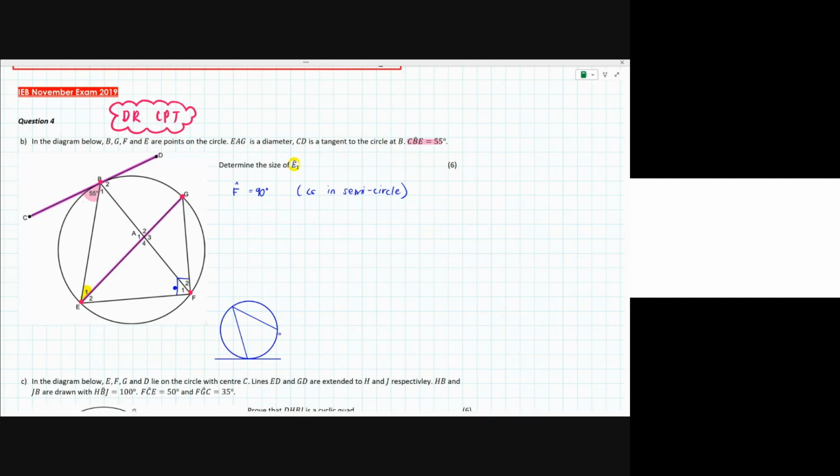Anywho, the angle created between your tangent and a chord is equal to the angle in the opposite segment. So what we have here is the 55 degrees equal to angle F1. So F1 is equal to 55, tan chord theorem.